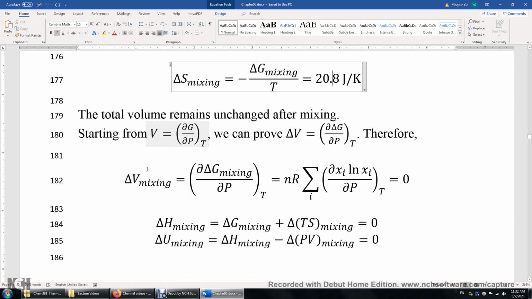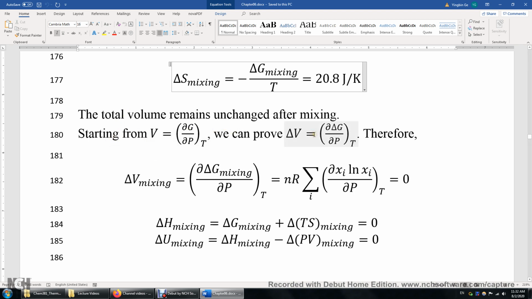What about the volume? The total volume remains unchanged after the mixing of ideal gases. We can prove that because dG equals negative SdT plus VdP. If we look at the constant temperature condition, volume is simply dG over dP.